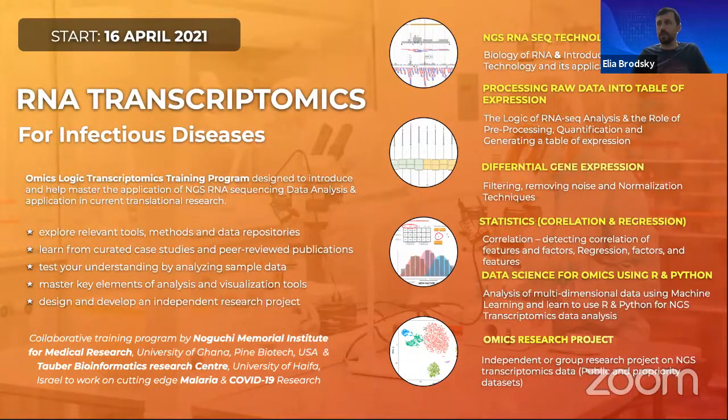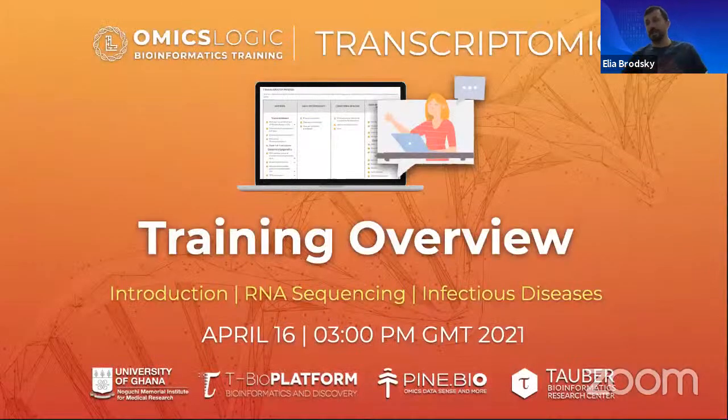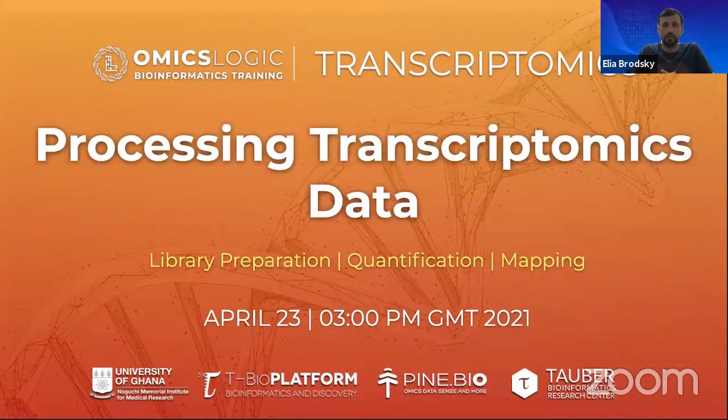All right, so it will start on April 16th, and we are posting the times in GMT time zone because we are working together with the University of Ghana, where many of the participants are already a part of this overall training on bioinformatics for infectious diseases, and hopefully this will be another asset in their toolkit to study variable immune responses.